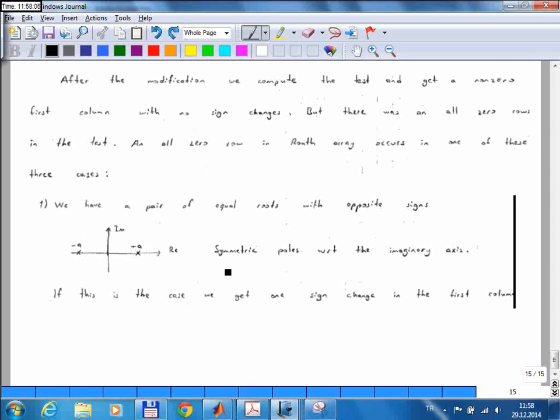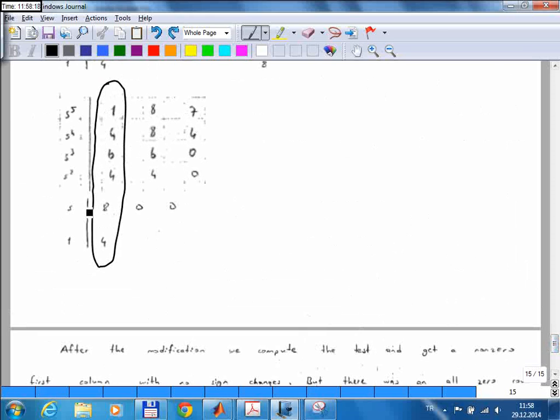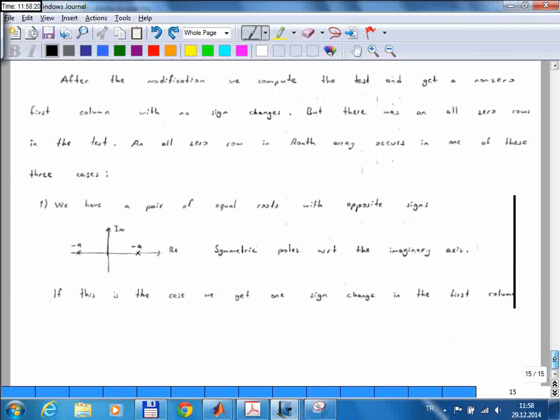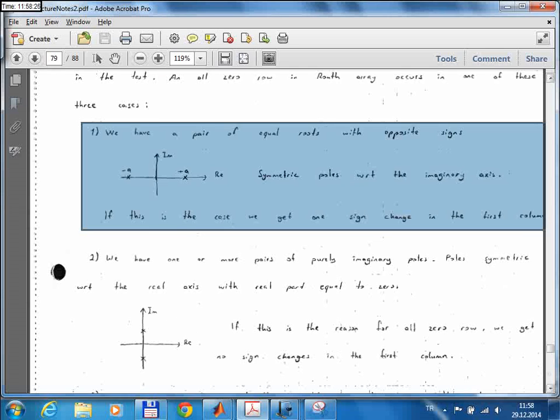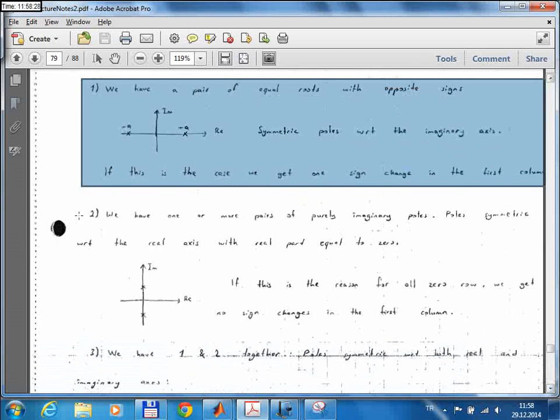And in this situation, we get one sign change in the first column. Okay? But in this last example, there is no sign change, right? So apparently this is not the reason why we had an all zero row. So let's take a look at the second possibility. The second possibility is the following.